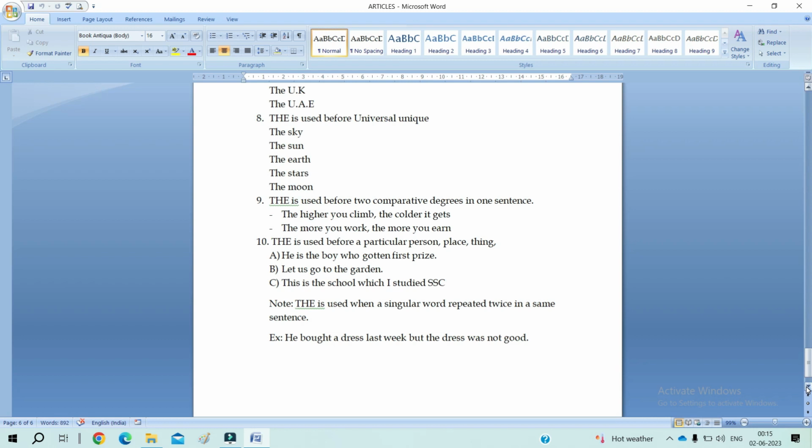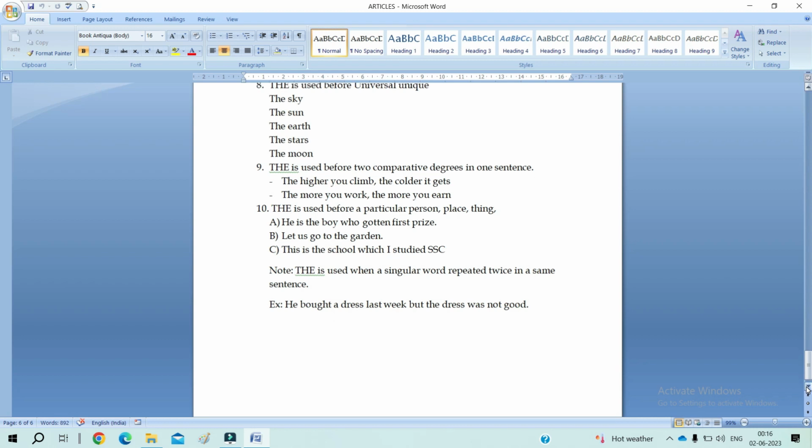Next, "the" is used when a singular word is repeated twice in the same sentence. A particular singular word repeated twice in the same sentence, then in such a case we have to use "the".